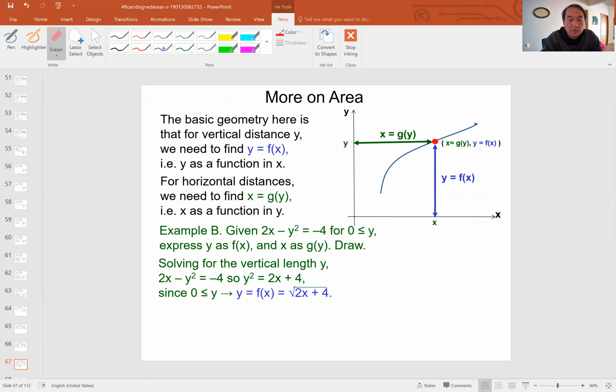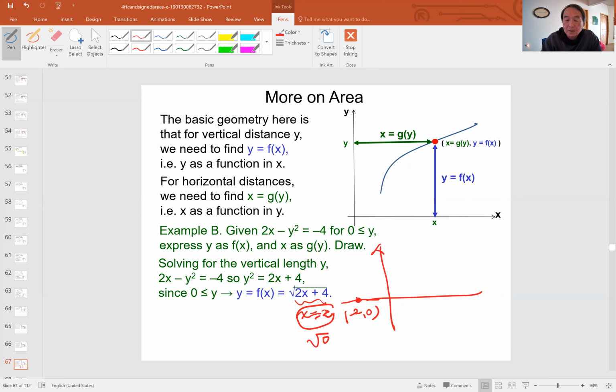If you want to graph this, it is 0 when x is -2. When x is -2, you get the square root of 0, which is 0, so it starts at (-2, 0). Then it just goes as a square root function. When x is 0, y is 2.